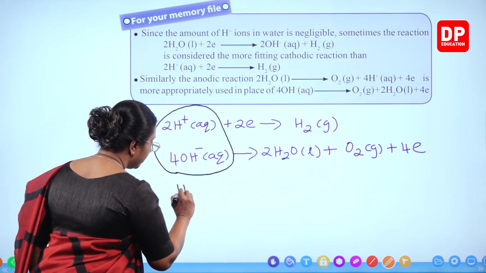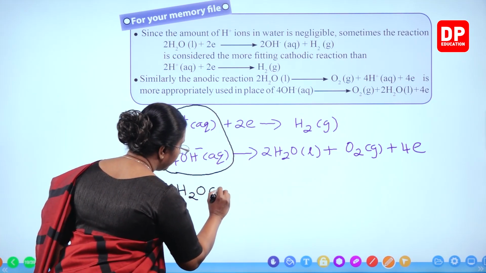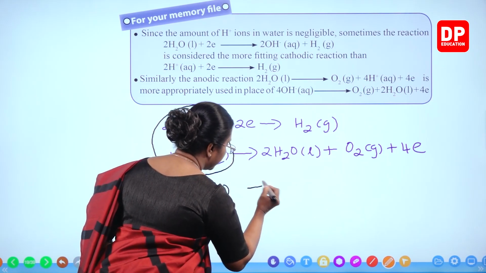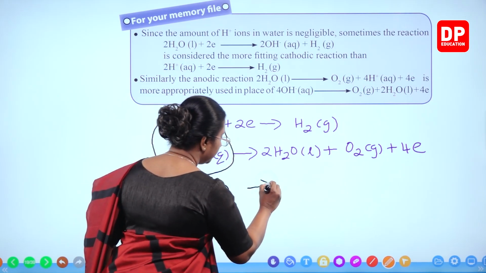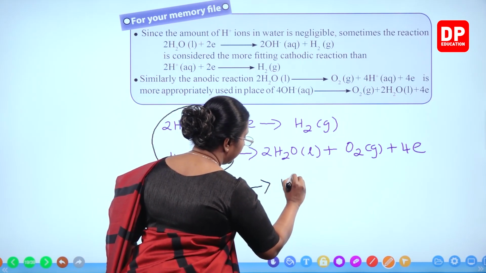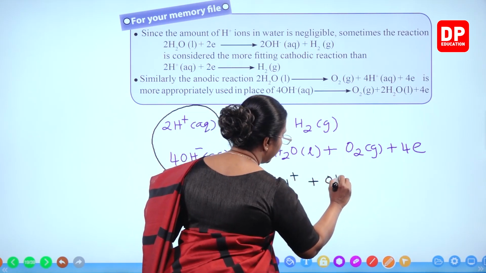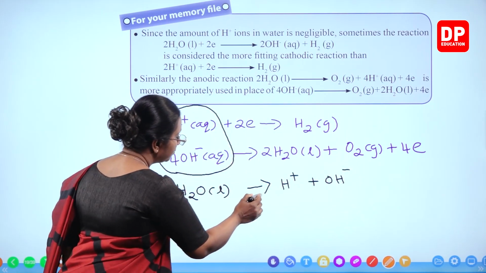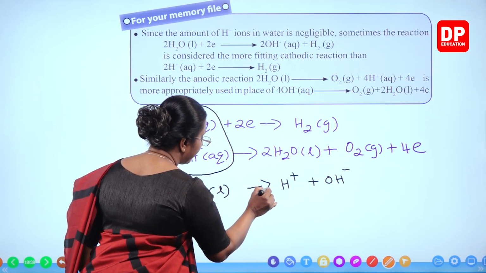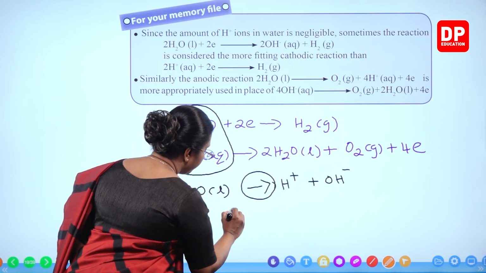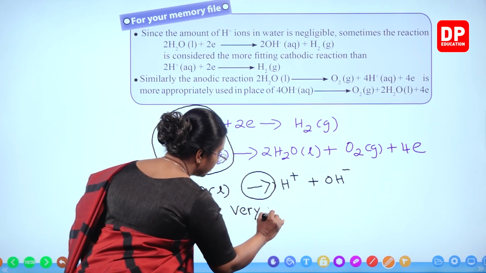So, if water liquid dissociates to give H plus and OH minus, this is very, very small.